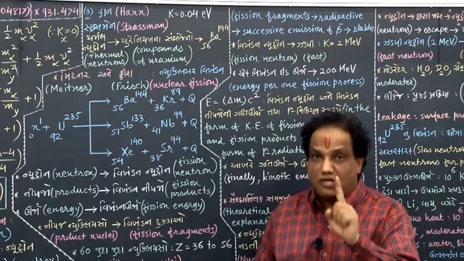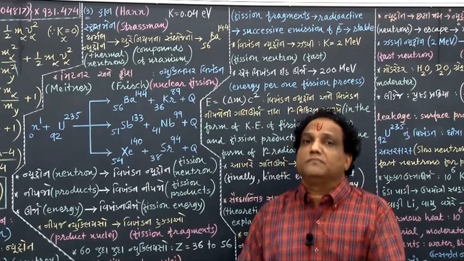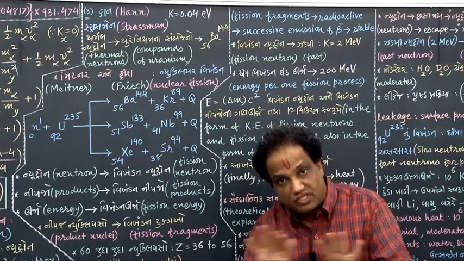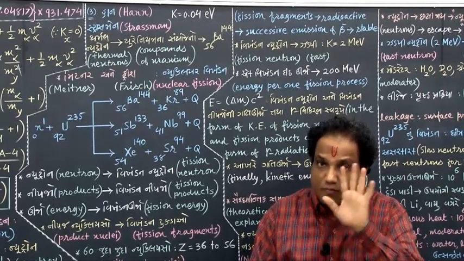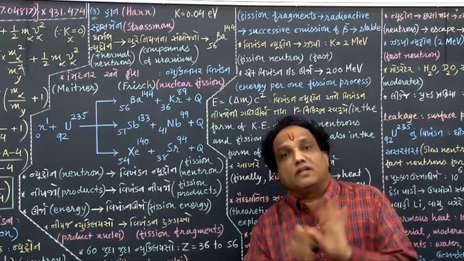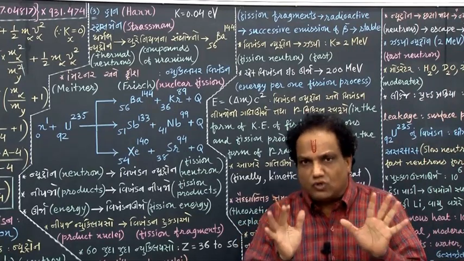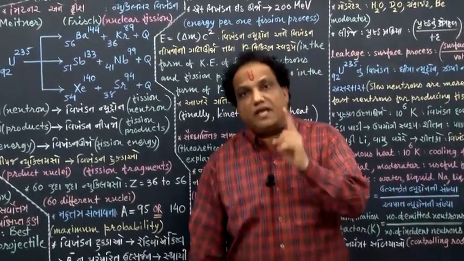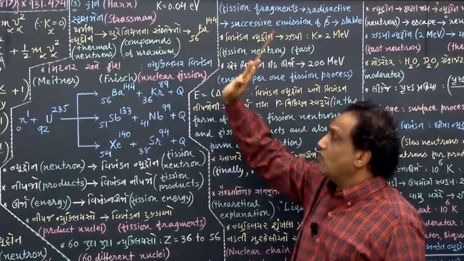A thermal neutron is a neutron which is under thermal equilibrium with the surroundings. What do you mean by thermal equilibrium? Thermal equilibrium means no exchange of heat energy, and that is possible if, at room temperature, the kinetic energy of the neutron and the kinetic energy of other atmospheric particles have the same value, correct? If you find the kinetic energy of a neutron at room temperature in electron volt, it comes out to be nearly 0.04 electron volt.